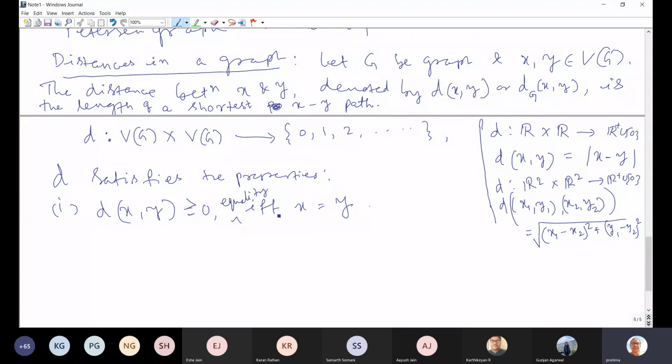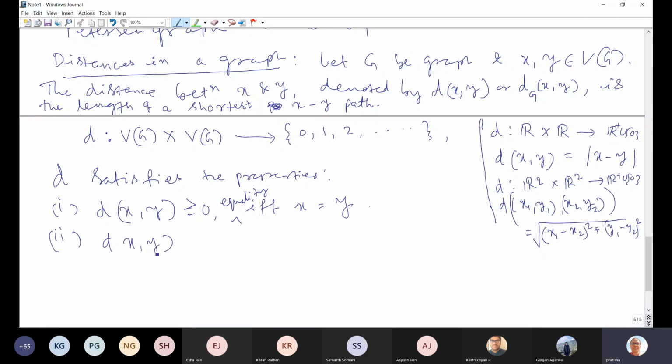This property is called non-negativity. You will learn this in a real analysis course, which I think you have not yet gone through. There you will have a distance concept, and it should satisfy these properties.